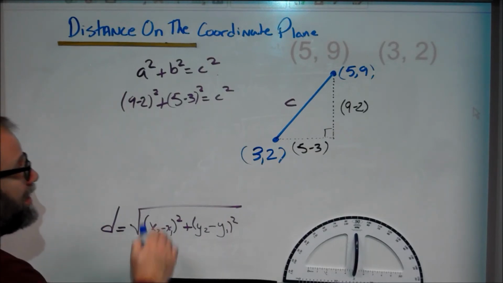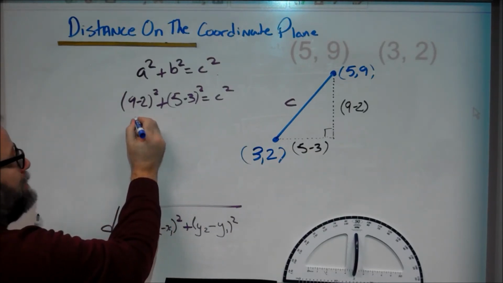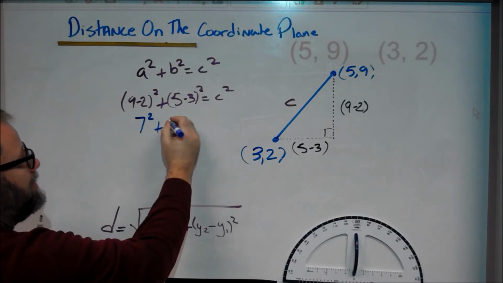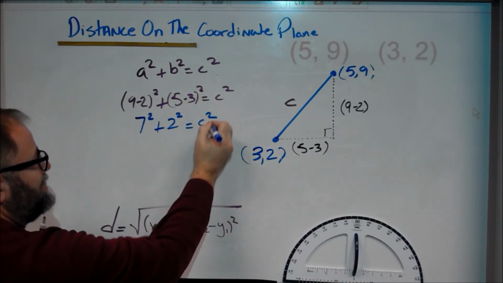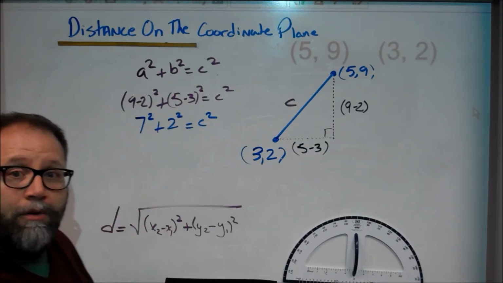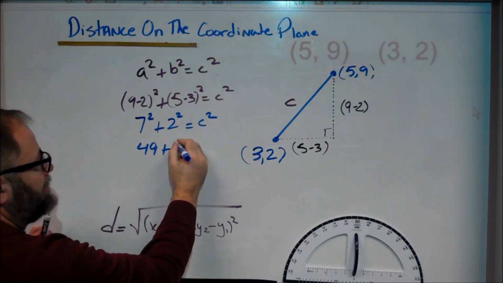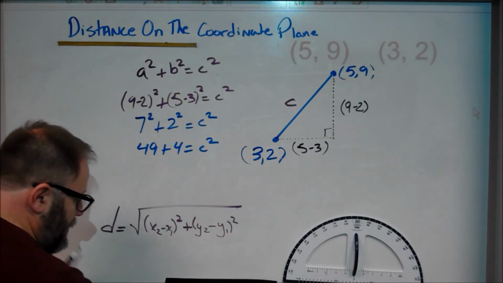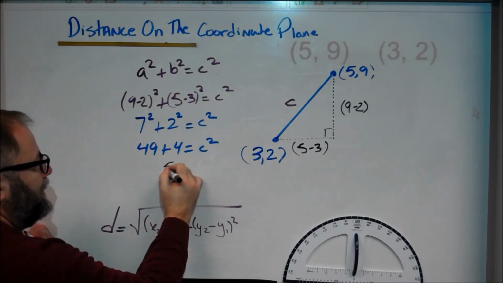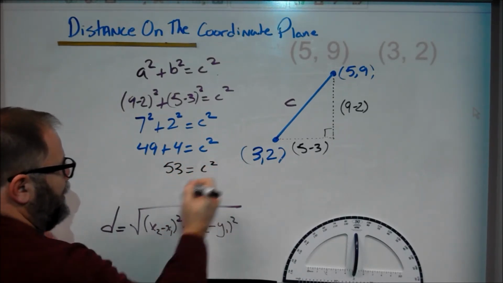All right, so let's keep working on this one here. This gives me 7 squared plus 2 squared equals c squared. We did that with the formula too. 49 plus 4 equals c squared. 53 equals c squared.